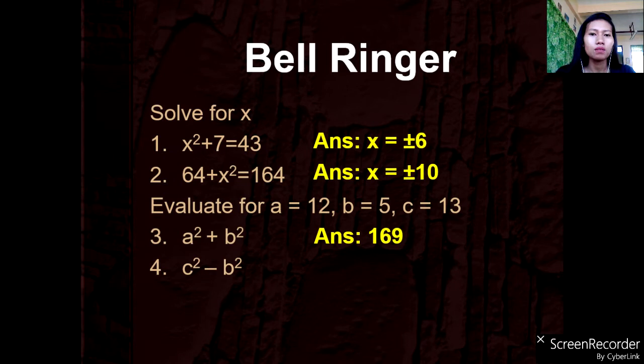How about item number 4? Given the expression c squared minus b squared, what do you think is the answer?